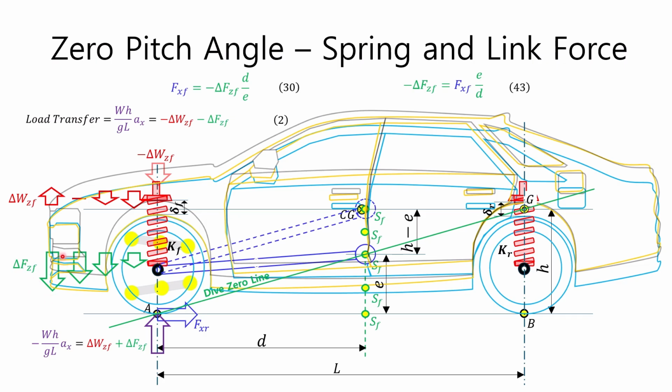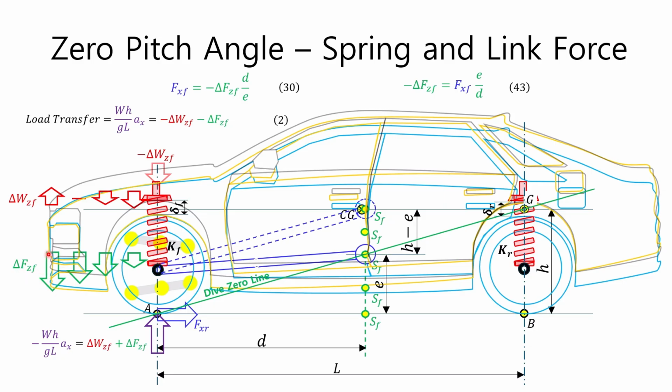Conversely, the amount of vertical dynamic load transferred through the springs, delta WZF, decreases by the same amount that delta FZF increases. To be more precise, in absolute values, the vertical dynamic load compressing the springs, delta WZF, decreases by the same amount that the vertical dynamic load compressing the links, delta FZF, increases.